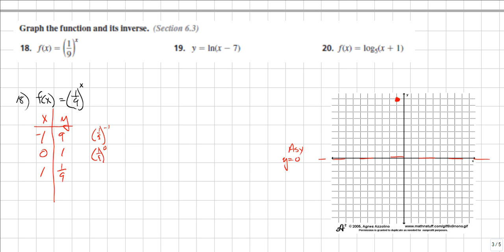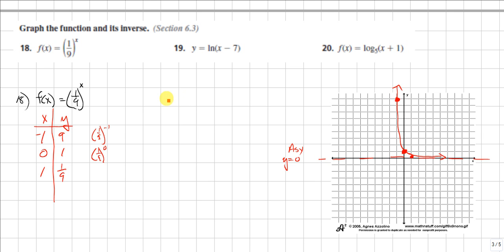We would expect this to be a decay. 0, 1, that will be on all parent graphs, remember. And then 1, 1/9. So this is going to come down and go along the asymptote, not ever equaling 0, but getting closer and closer.